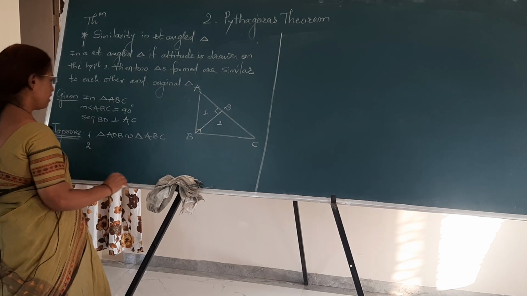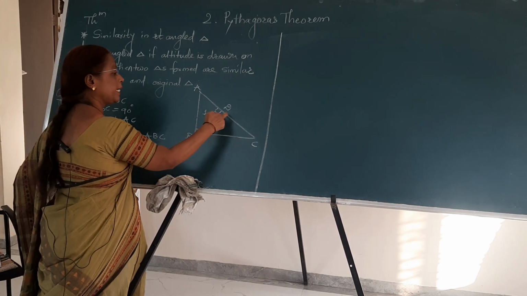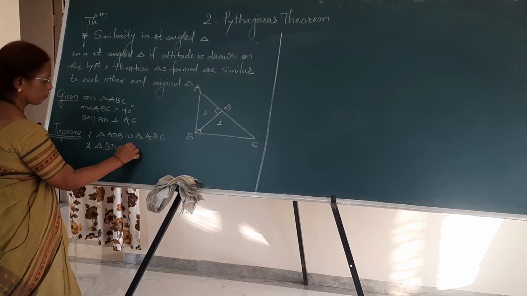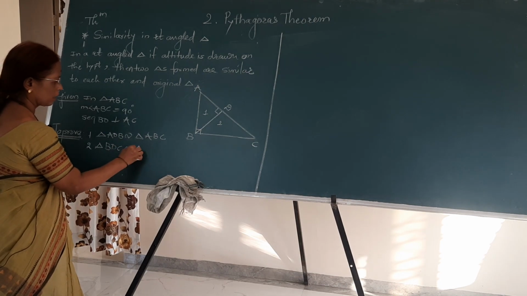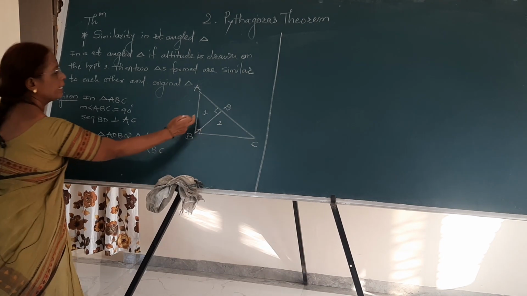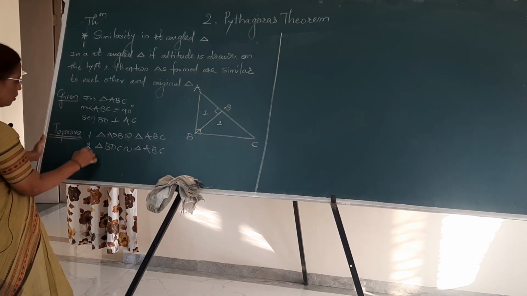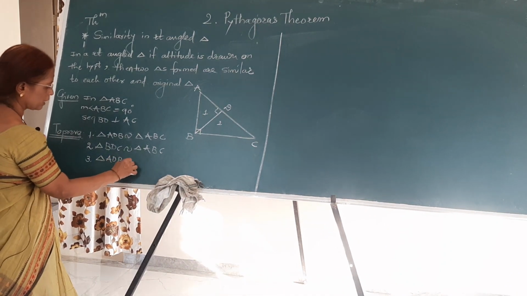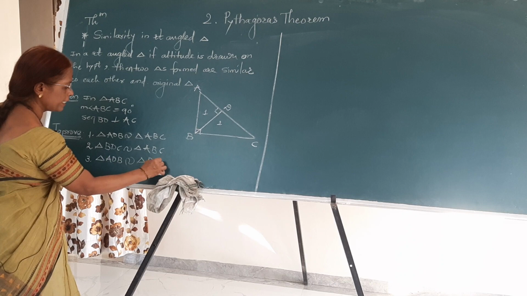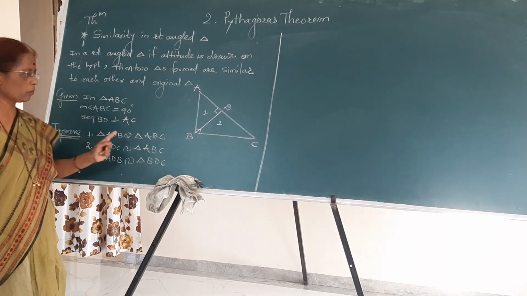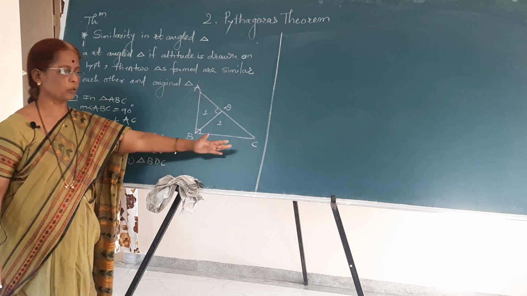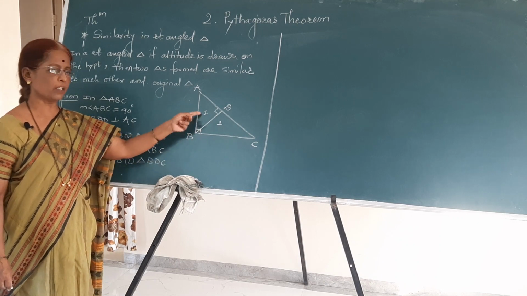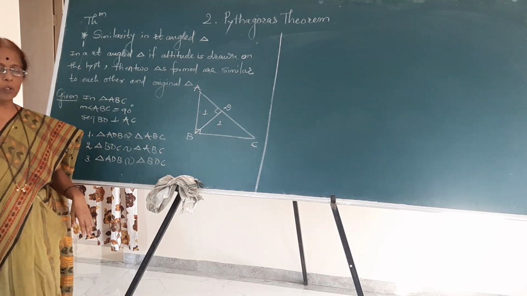Now secondly, this is the second triangle, triangle BDC is similar to the original triangle ABC, and these two are similar to each other. So this is the third thing, means triangle ADB is similar to triangle BDC. What we have to prove? The first triangle is similar to the original one, the second triangle is similar to the original one, and the first and second are similar to each other.